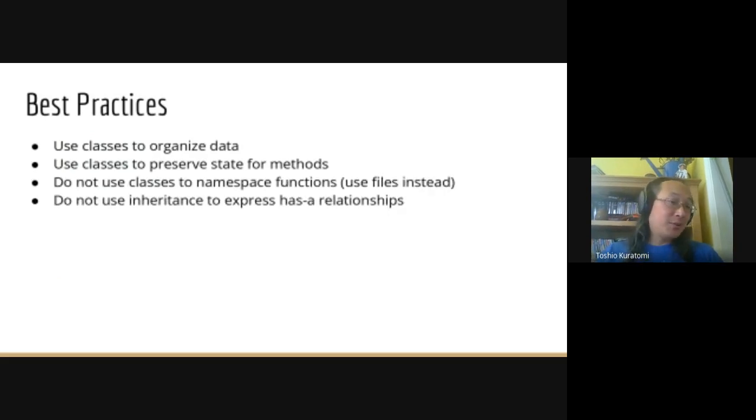When not to use classes, when not to use inheritance. Well, one of the things I see people who come to Python from Java or C++ or something else do is use classes for namespaces. They say, okay, I have all these functions. They're kind of related to driver, like go down the highway, or buy a new car.